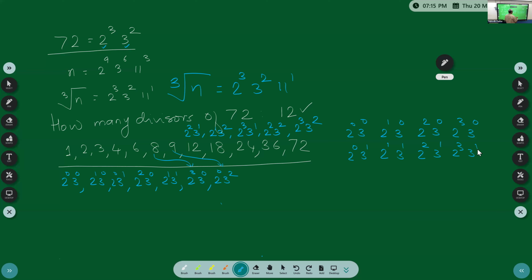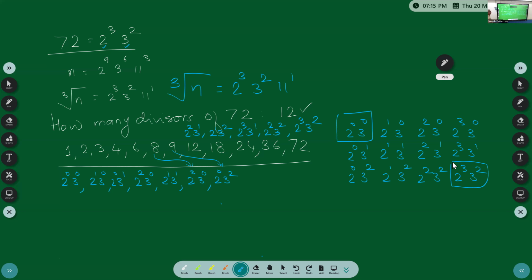These are also present. And 2 raised to 0, 3 raised to 2, 2 raised to 1, 3 raised to 2, 2 raised to 2, 3 raised to 2, 2 raised to 3, 3 raised to 2. You start with 2 raised to 0, 3 raised to 0. You end with the original number.